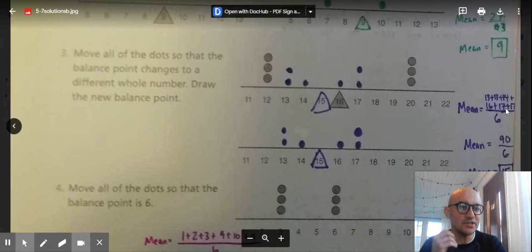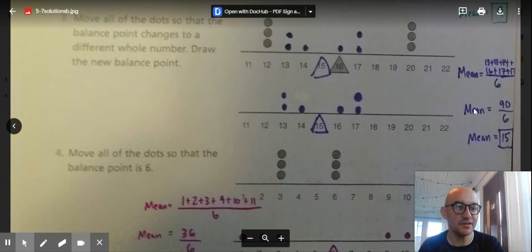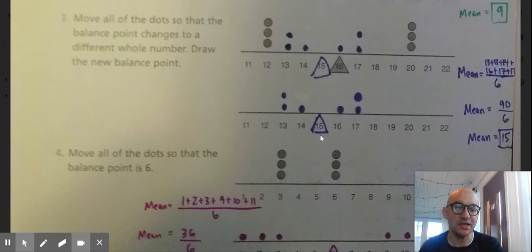So when you add all those up, and once again, sorry about the handwriting there, I got a little crunched in my space. But when we add all those numbers up, we get 90 on top, and there are 6 total dots, so I'm dividing 90 by 6, and 90 divided by 6 equals 15. So my mean for this set of numbers is 15, my balance point for this set of numbers is 15, mean and balance point, once again, are the same, okay?